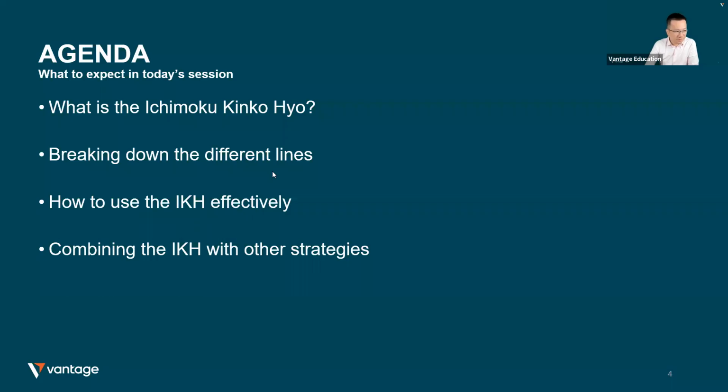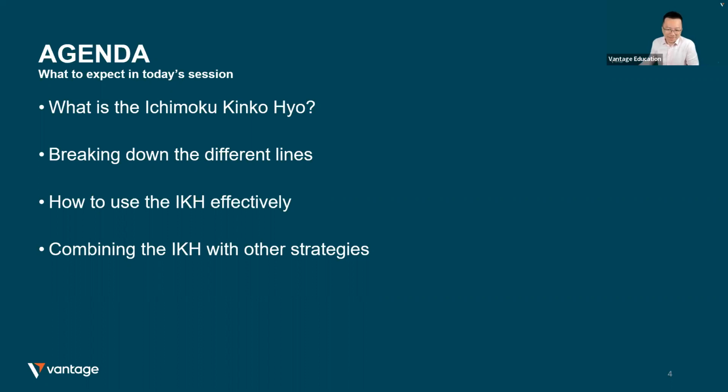With that, as I promised you, a couple of things to get through today. Firstly, what is the Ichimoku Kinko Hyo indicator? How do you use it as a strategy? Breaking down the different lines that make up this indicator. How to use the IKH, the Ichimoku Kinko Hyo strategy.